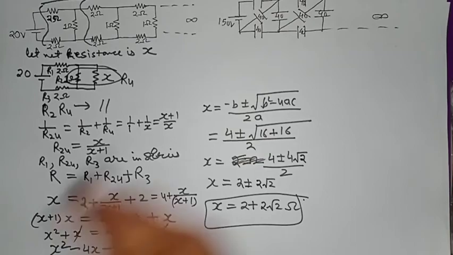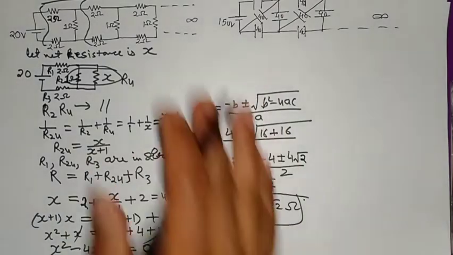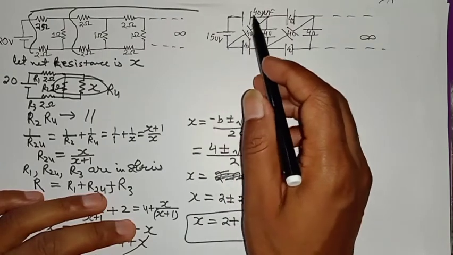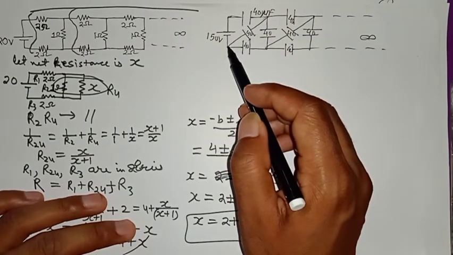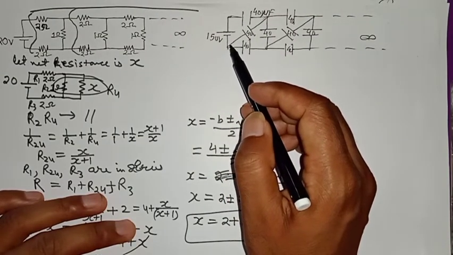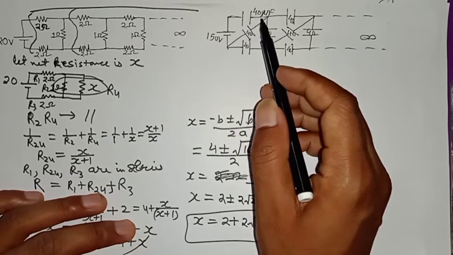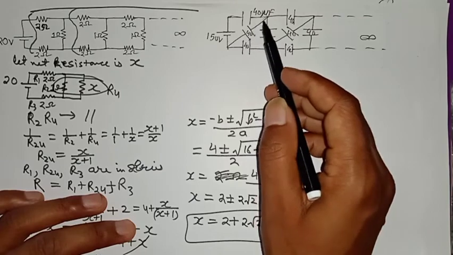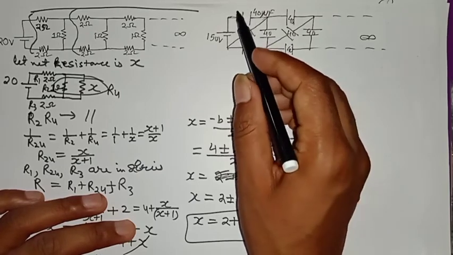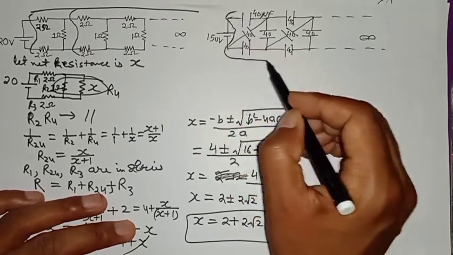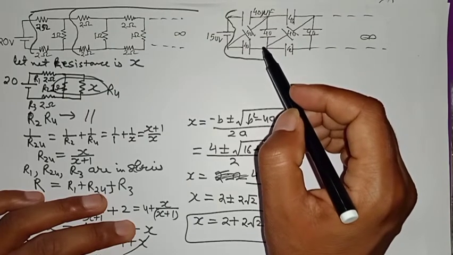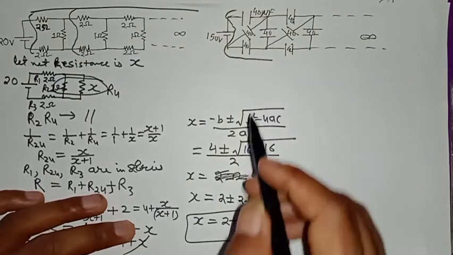Wow. Now in the same way, this capacitance part, for this capacitor circuit, we have to see the repetitive part. Entire this part is getting repeated.